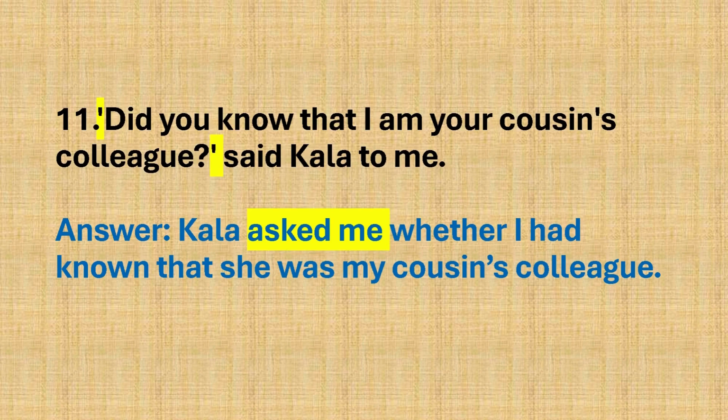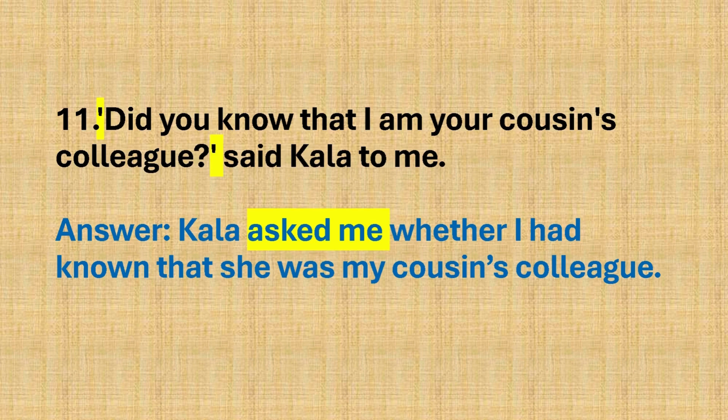"Did you know that I'm your cousin's colleague?" said Kala to me. Answer: Kala asked me whether I had known that she was my cousin's colleague. In the above statement, reporting verb choice: asked is used since it is a question. About the tense shift, did you know, past simple, changes to had known, past perfect. Am, present, changes to was in reported speech.